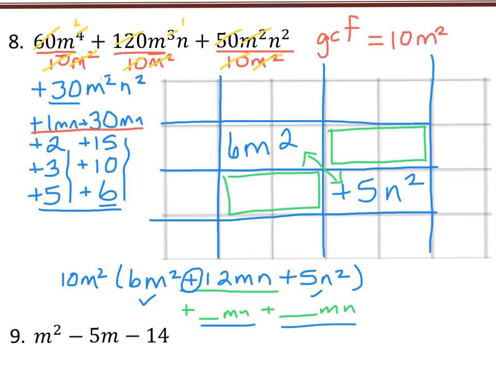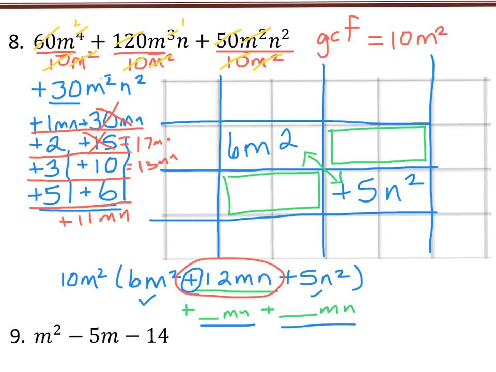gives us 31mn, and that's not it, because it's not 12. 2mn plus 15mn gives us 17mn, and that's not it. 3mn plus 10mn gives us 13mn, so that doesn't work. 5mn plus 6mn would give us 11mn, but we need 12mn.